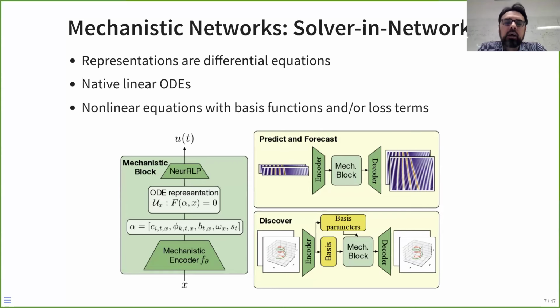So the basic flow is that you have a mechanistic encoder which takes in some data, could be trajectory or spatio-temporal data. It produces the parameters that are required to specify a differential equation. That would include, let's say, the coefficients of an equation, the initial conditions, step sizes, or whatever.